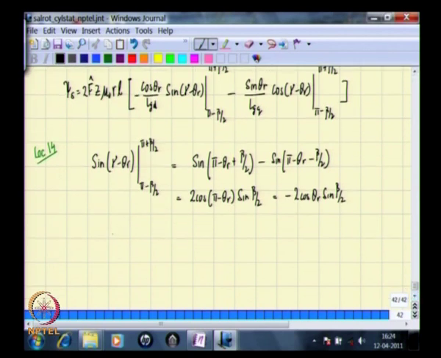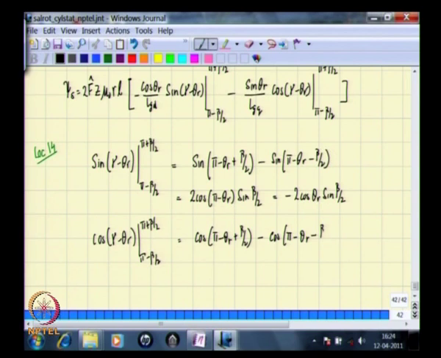The second part of the expression can then be written as cos of gamma minus theta r going from pi minus beta by 2 to pi plus beta by 2, which is cos of pi minus theta r plus beta by 2 minus cos of pi minus theta r minus beta by 2.